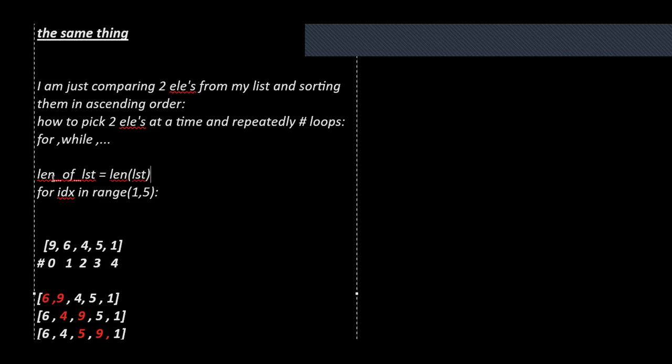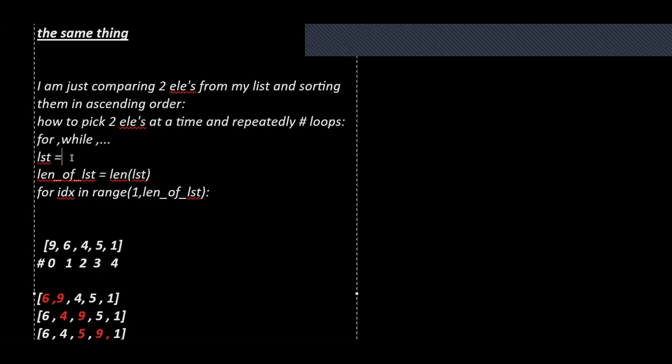So the length of list is present in the length of list variable. In this case, can I use here the length of list? Yes. So to move till last, I can move up to length of list.